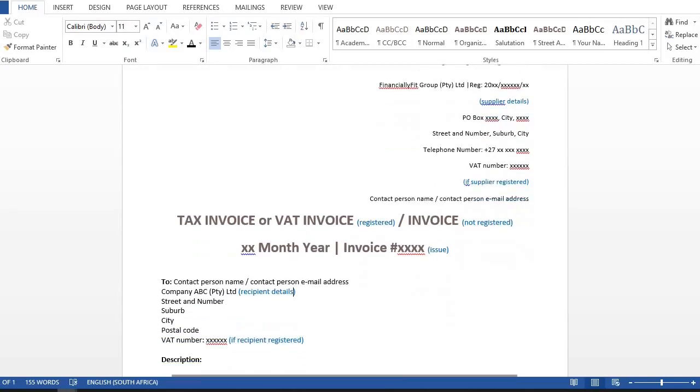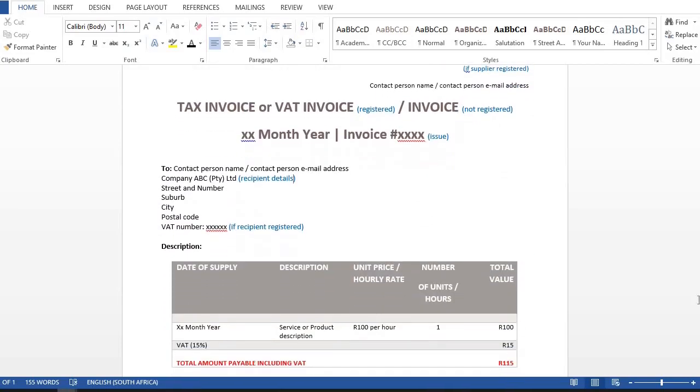Then if we move down here, you would again include a contact person name and email address, if you have that, of the recipient of the product or the services that you are selling. And then you would include all the details of the recipient.